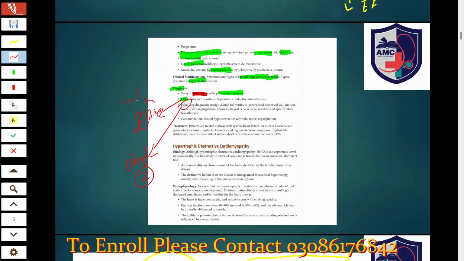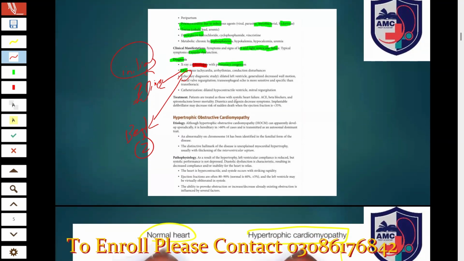This is the way AMC asks questions: what is initial, what is the best? And treatment is the same as heart failure: ACE inhibitor, beta blocker, spironolactone, which we already discussed. And if the ejection fraction is less than 35, at the end we will use valve replacement or an implantable defibrillator. This is the device we use.